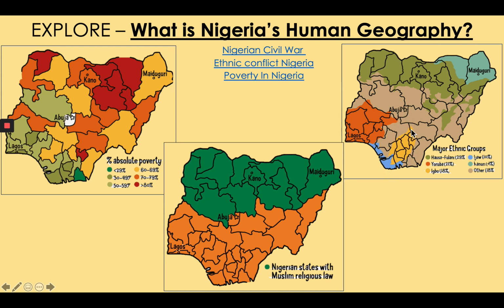You have the Igbo in the southeast, also rich, but their members are not in government, so they feel frustrated. And finally, you have the Hausa Fulani ethnic group in the north, who are Muslim farmers mostly. And these 3 ethnic groups do not always agree with each other, and they are constantly pushing to have one of their members as president.